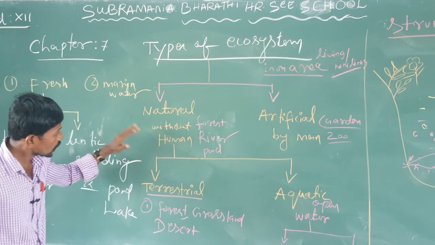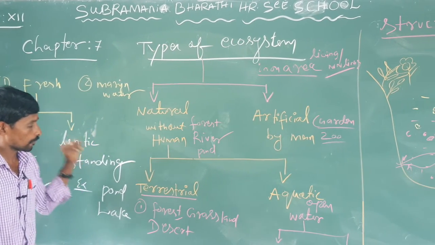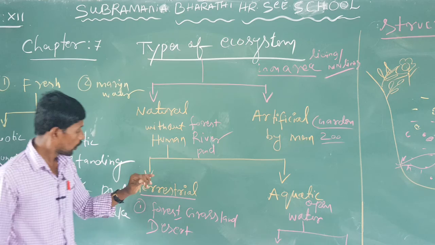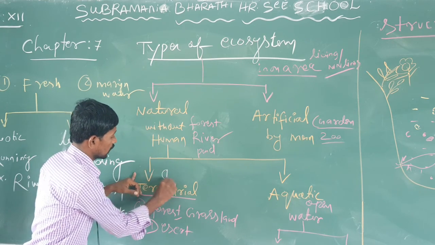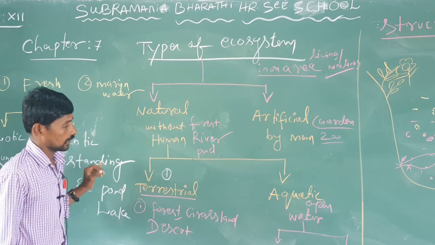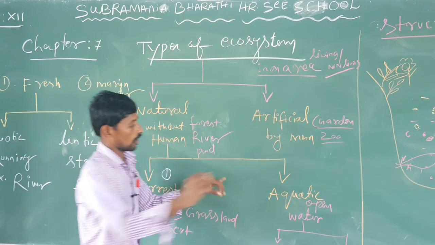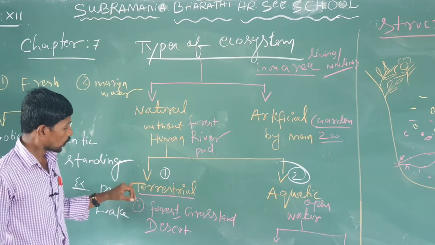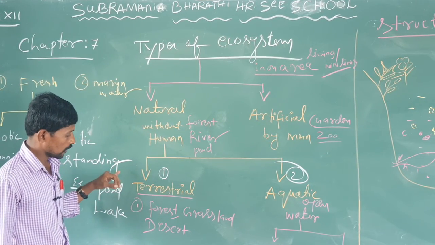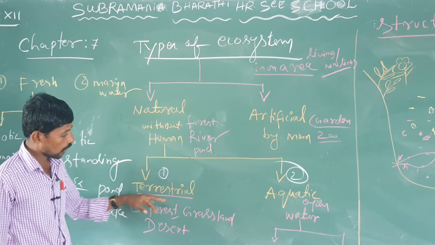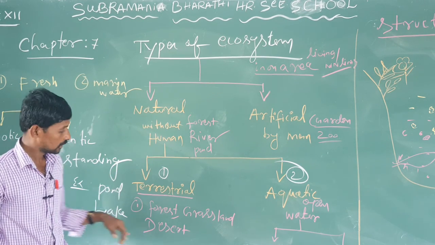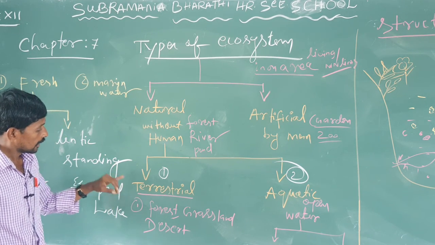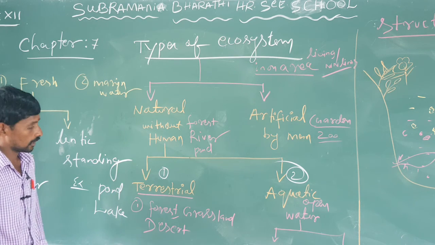Then the natural ecosystem is divided into the first one terrestrial, the second one aquatic. The first one, terrestrial ecosystem: the forest, grassland and desert are otherwise called terrestrial ecosystem.